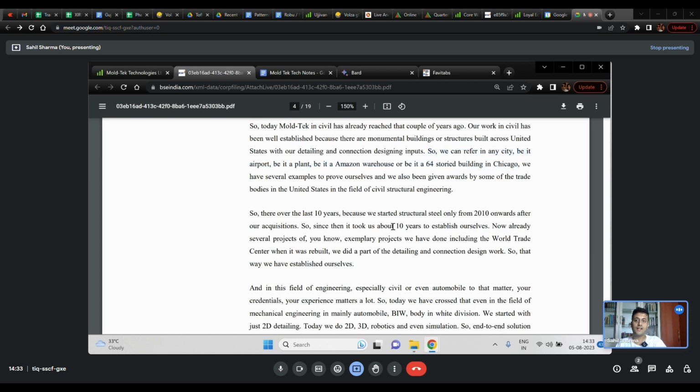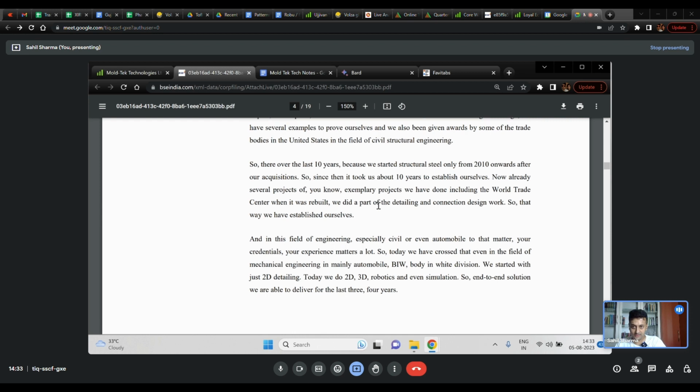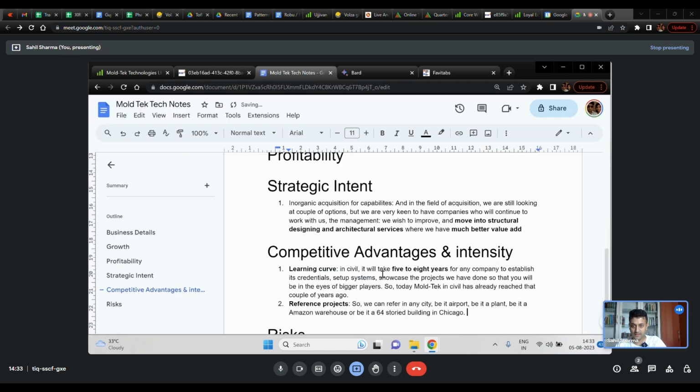It's like in every job application, if they say we want people with 5 years experience, then you can never hire a fresher, right? It's something similar. Over the last 10 years, they have built these capabilities. It has taken them 10 years to establish themselves, right? This is talking about the exact same thing.